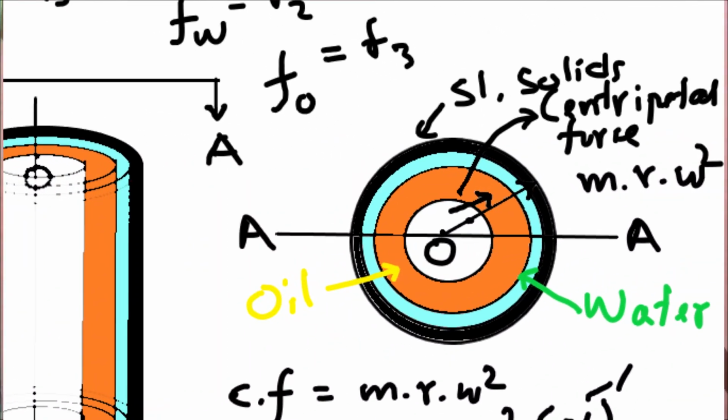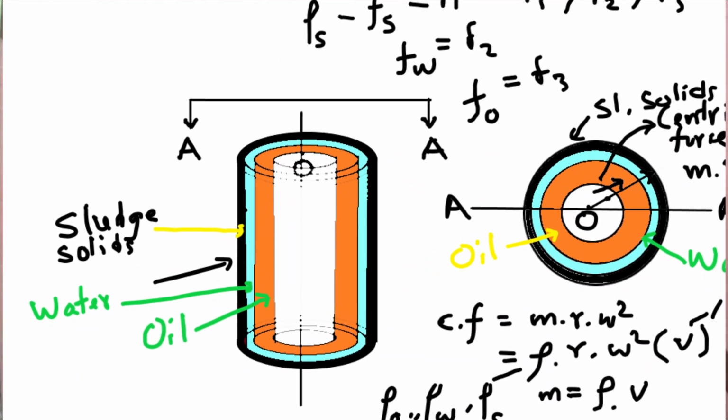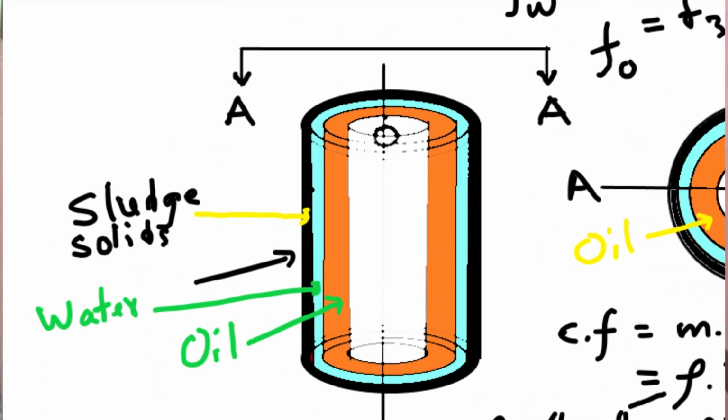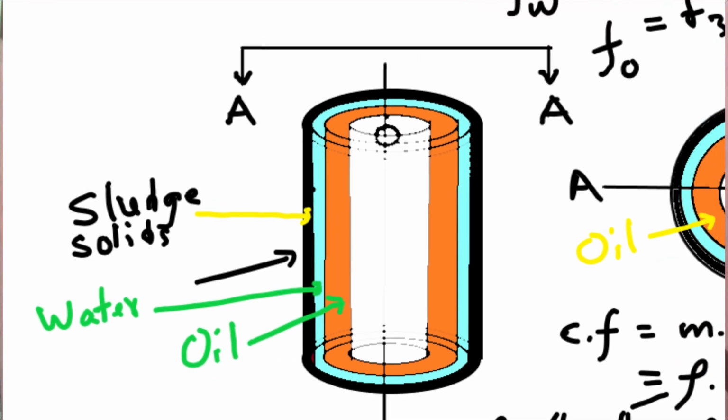The form of the individual liquids is in the shape of rings, just like concentric circles in geometrical shape. And the purifier being a conically shaped cylinder, the cross-section of the oil or the water will be in the form of layers placed one after another in the vertical plane, because the force acts radially outwards from the center.